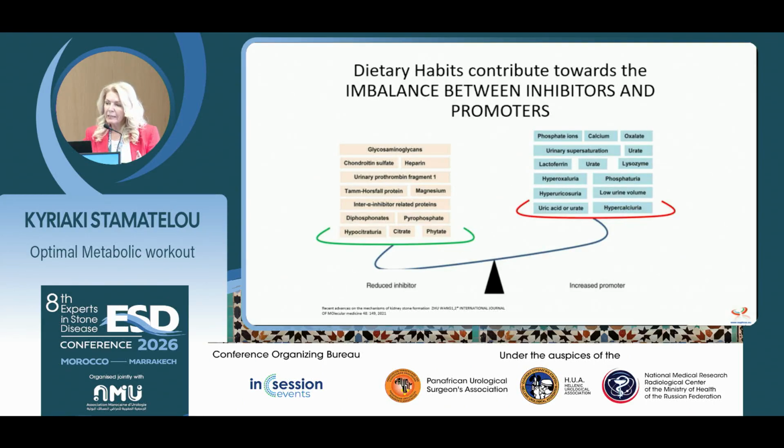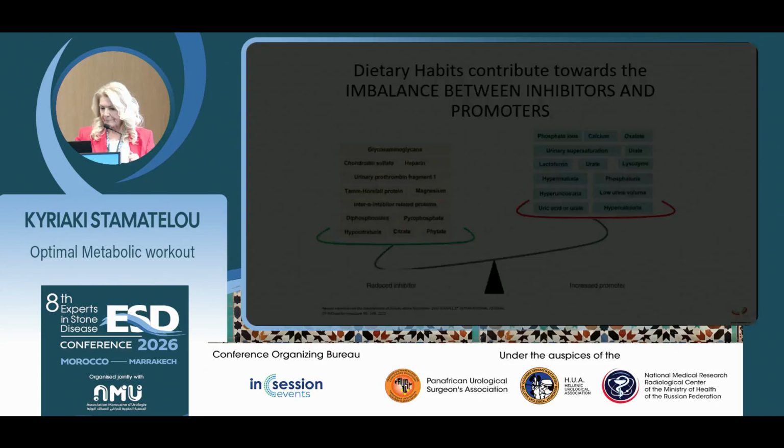And we have presented in previous congresses, like in ESD previously, this imbalance between promoters and inhibitors. We would like to increase inhibitors, we would like to decrease promoters. And there is a large variety. Previous speakers today have already mentioned some promoters and some inhibitors, but there is a large number of such inhibitors and promoters.